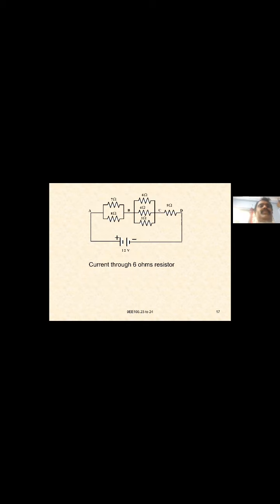Current through the 8 ohm resistor is 0.8 into 7 by 7 plus 8, which is equal to 0.373 amperes. Current through the 6 ohm resistor is 0.8 into 4 into 3 divided by 6 into 4 plus 4 into 3 plus 3 into 6, which is equal to 0.8 into 12 by 54, which is equal to 0.178 amperes.